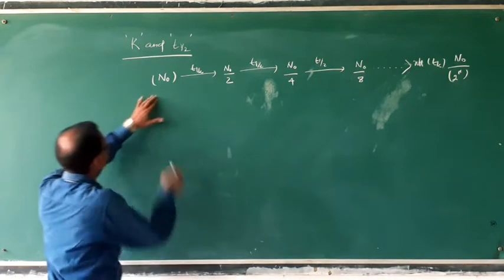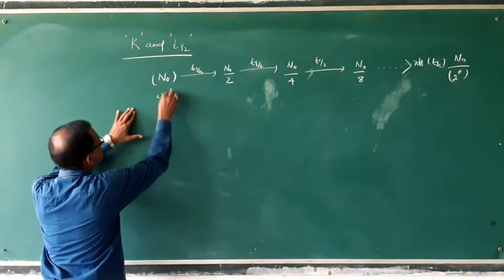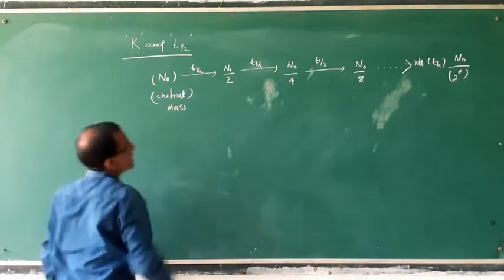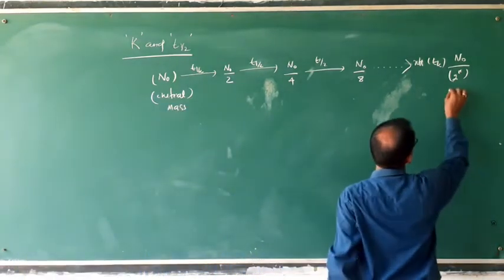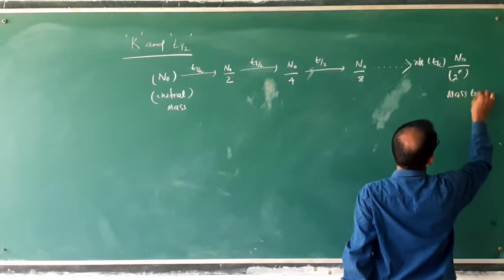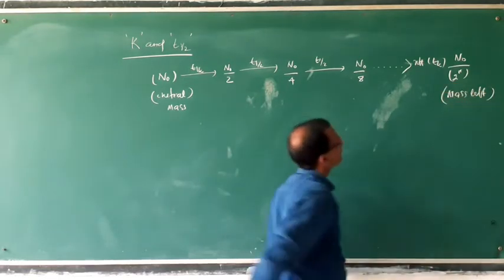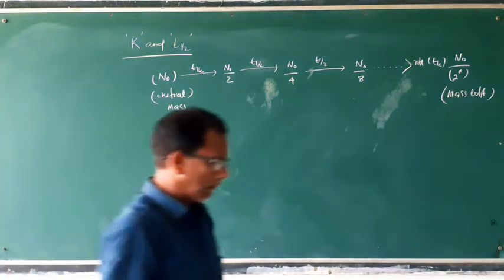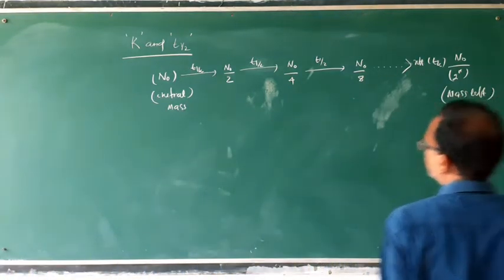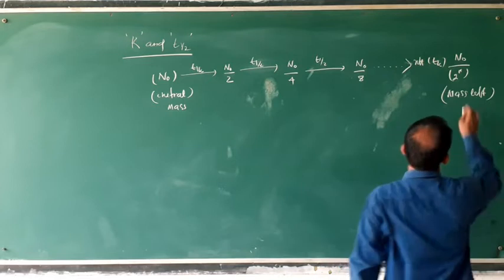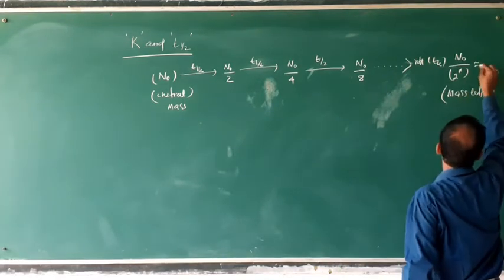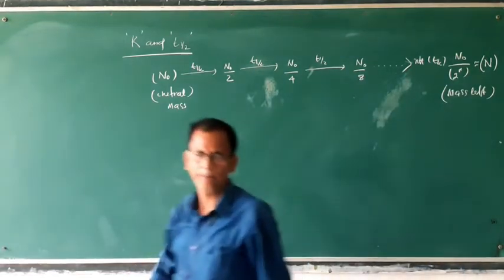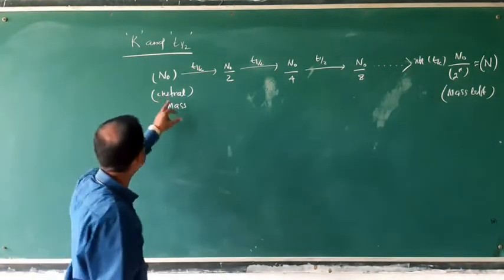This is the initial mass, and this is your mass left. The mass left is generally taken as N, and the initial mass is N0.